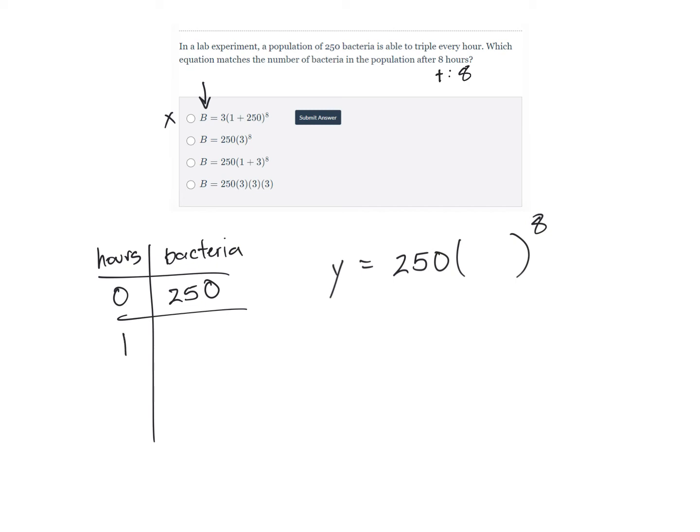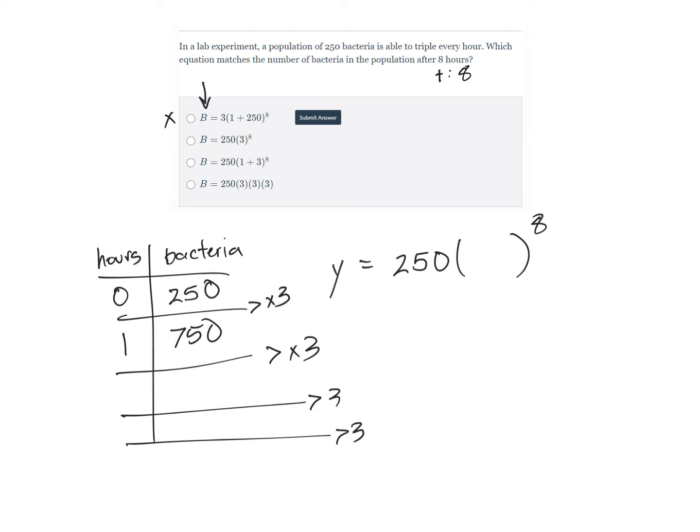Then hour 1, it triples. It triples. So that literally means it's multiplied by 3, y'all. So you get 750, I think. Yeah. And then it'll keep on doing that every time.